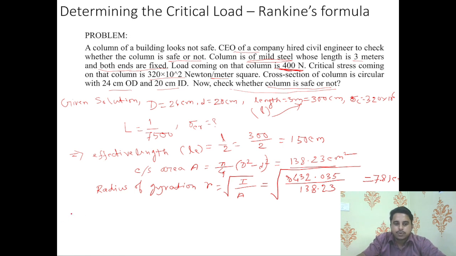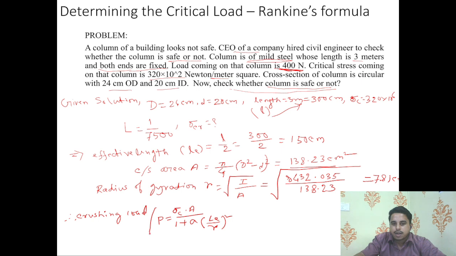Now we have to find the crushing load. In order to find it, we have to use the Rankine formula. Using the Rankine formula, P is equal to sigma C into A divided by 1 plus a into LE divided by r whole square.